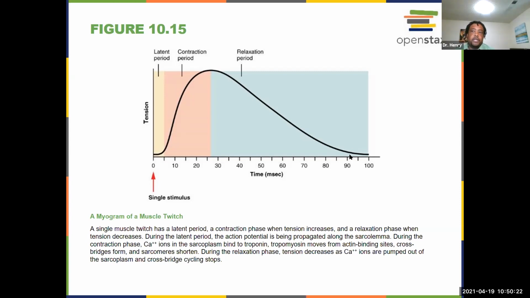In other words, it's going to happen pretty fast. That process of calcium ions binding to the troponin, and then getting that complete contraction, is going to take about 15 milliseconds or so.